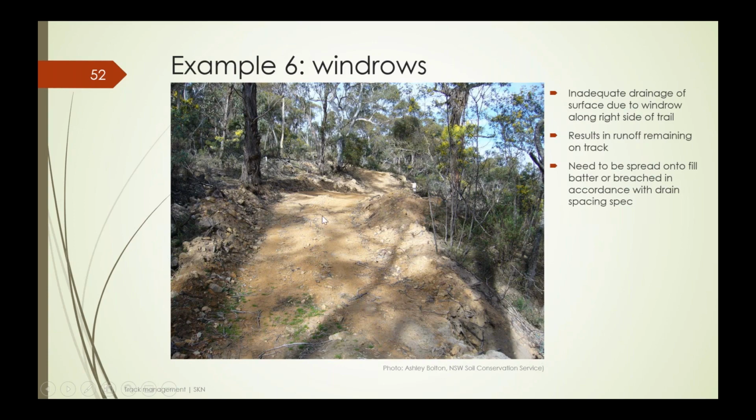It's really quite a simple matter to keep windrows at the absolute minimum. Sometimes they're required for sure to protect a fill batter, but we really need to just take the effort to spread this out and try and ensure that runoff can drain from the track as easily as possible.